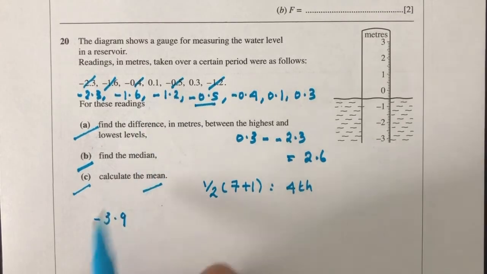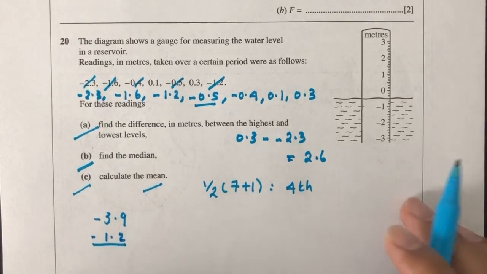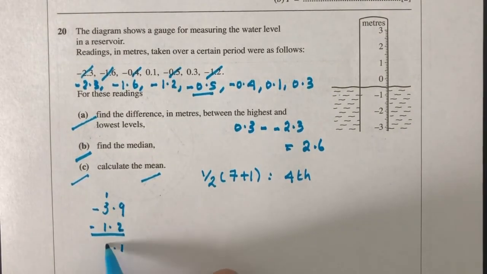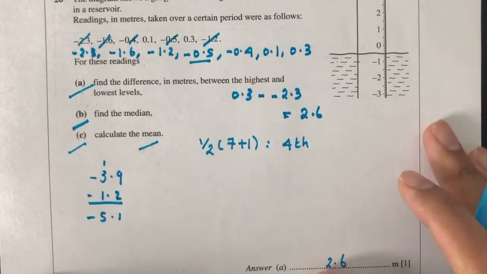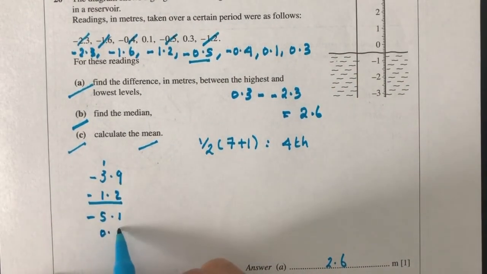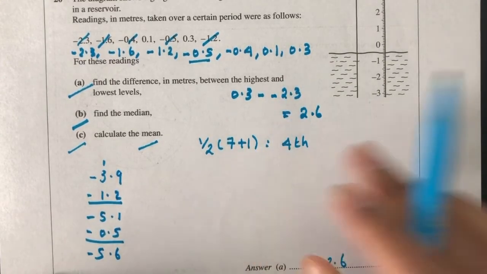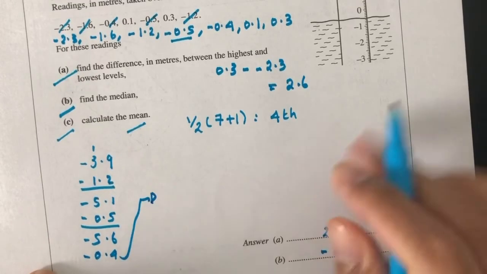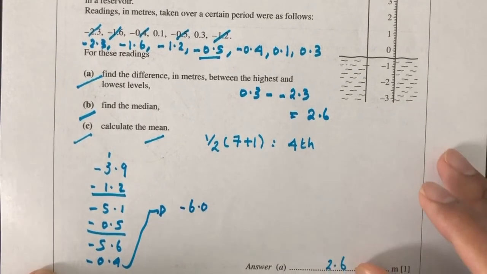Then add minus 1.2, that becomes minus 5.1, and then minus 0.5, that becomes minus 5.6, and then minus 0.4, that becomes minus 6.0.